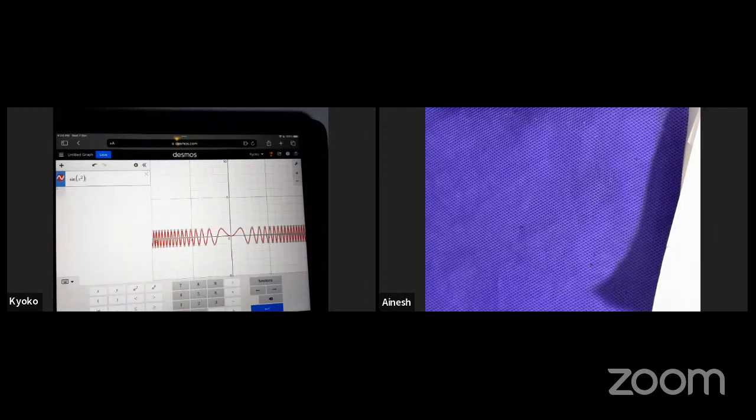Right, that is the graph sine x squared, Kyoko, and that's the original graph. So good job. What do we do after this?